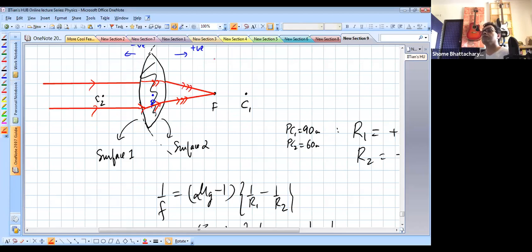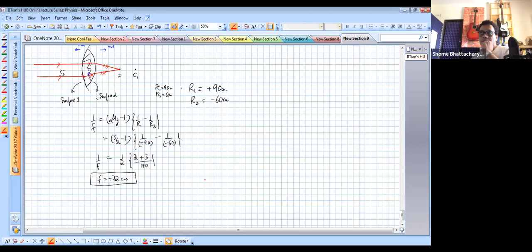But this will be the case. So this is what the formula is telling us, the direct application of the formula.